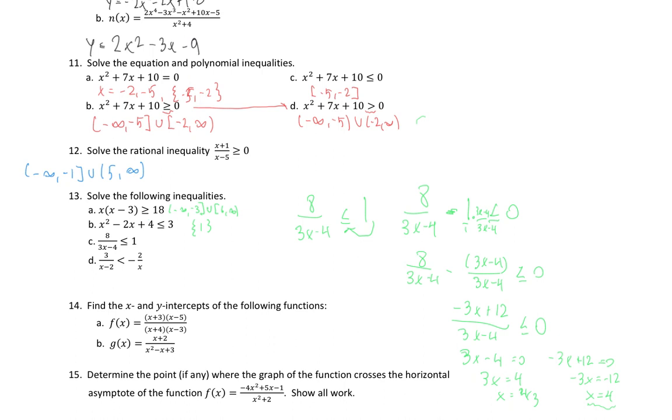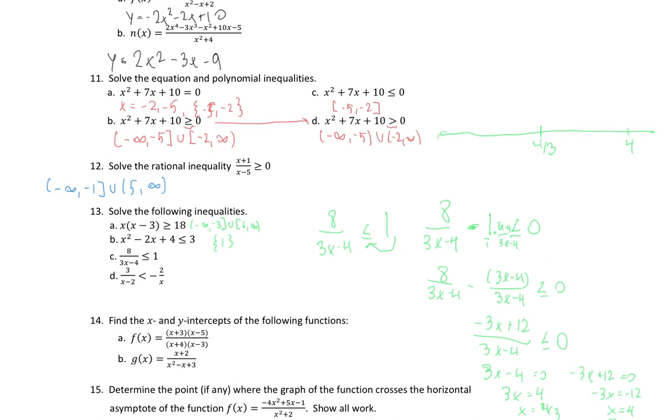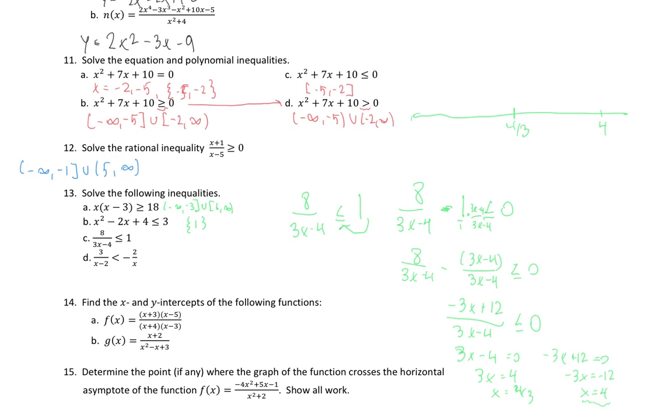I'll go ahead and erase it. I'll go ahead and put it way up here. So we have 4 thirds and 4. So I'll plug in something below 4 thirds, which I always like to plug in 0 because it's usually pretty easy.